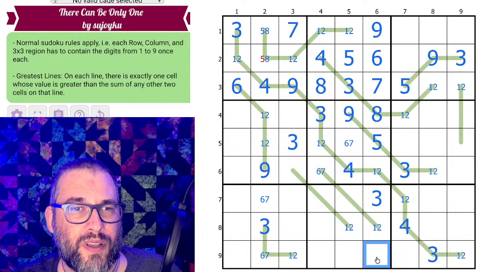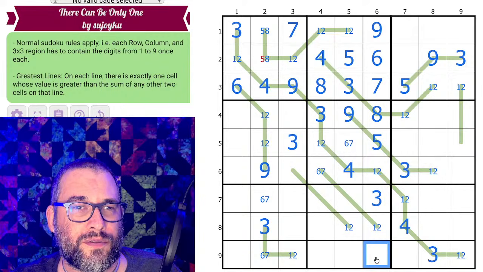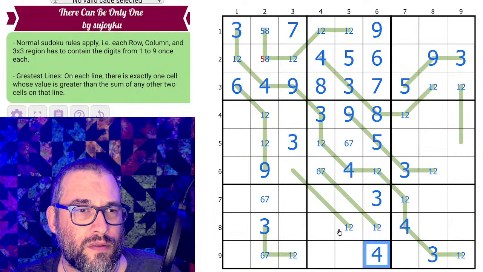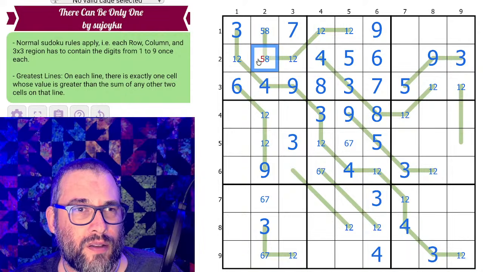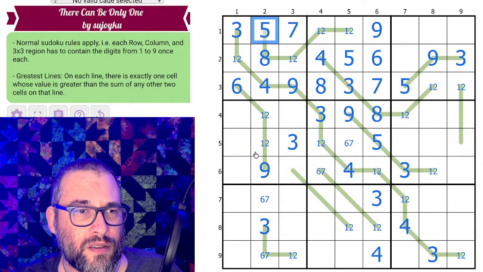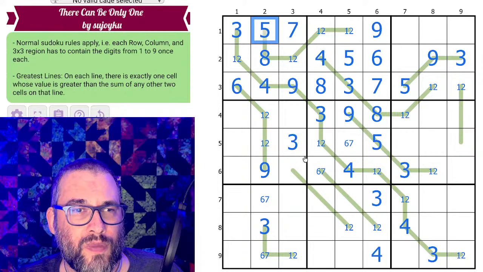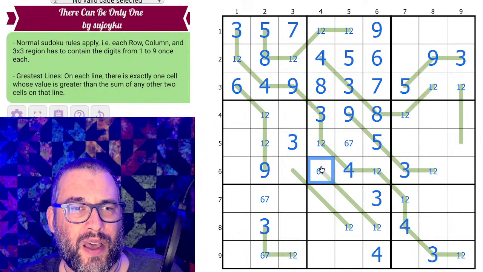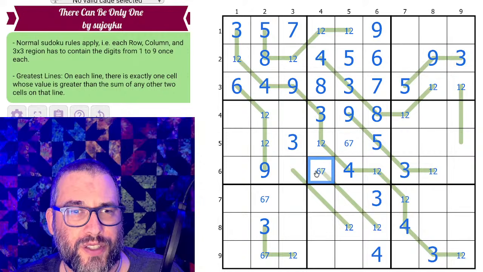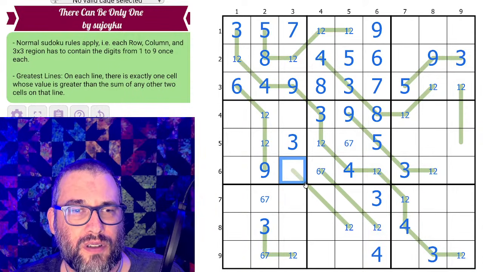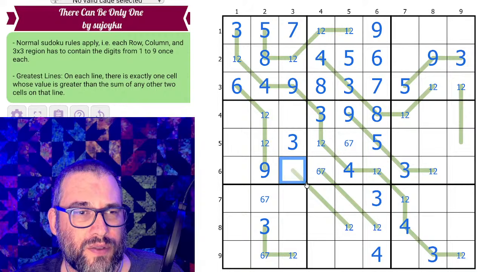This column needs 4. Our 8 and our 5 here. The 1, 2s are going to be resolved by one of these low digits getting put somewhere.